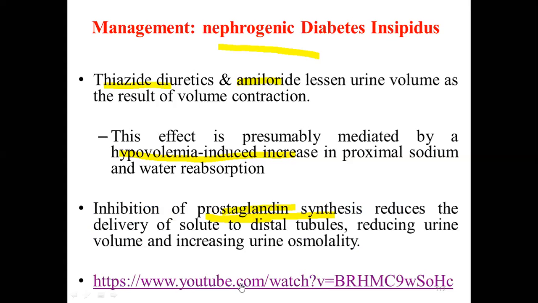Maybe the osmolality is, I think, less than 200. I'm not really sure, sir.